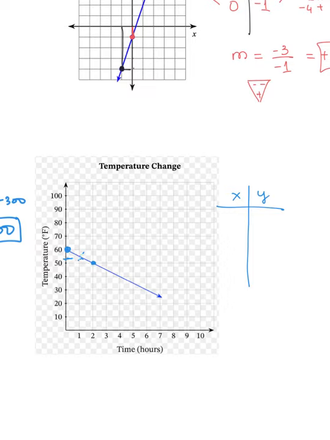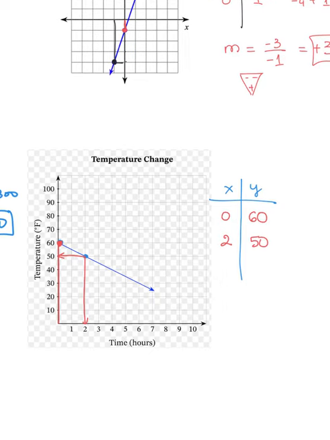So I choose the ones that I can see right away. For this point, X is 0, Y is 60. For this point right here, X is 2, Y is 50.